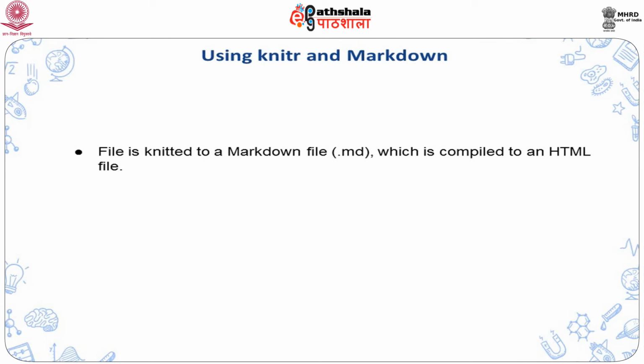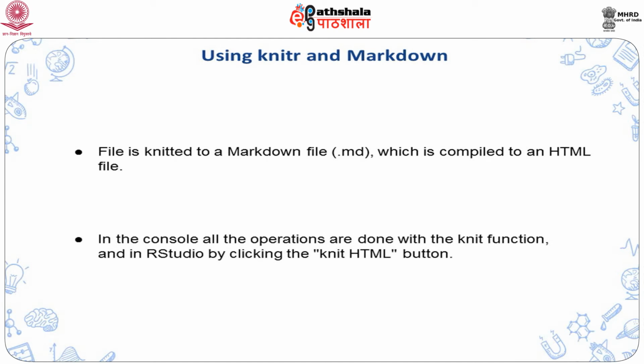In the case of LaTeX, we have used it for building PDFs. In the console, all the operations are done with the knit function, and in RStudio by clicking the Knit HTML button. As you might have come across, there is a button which is Knit HTML. Just click it and you are going to have the things which you want to have.